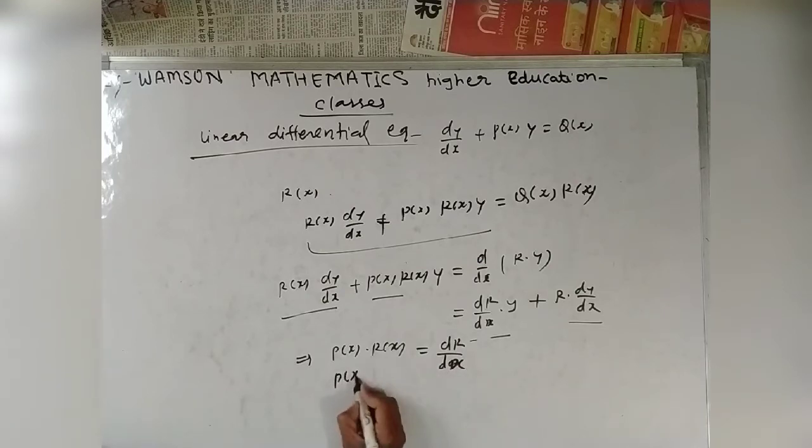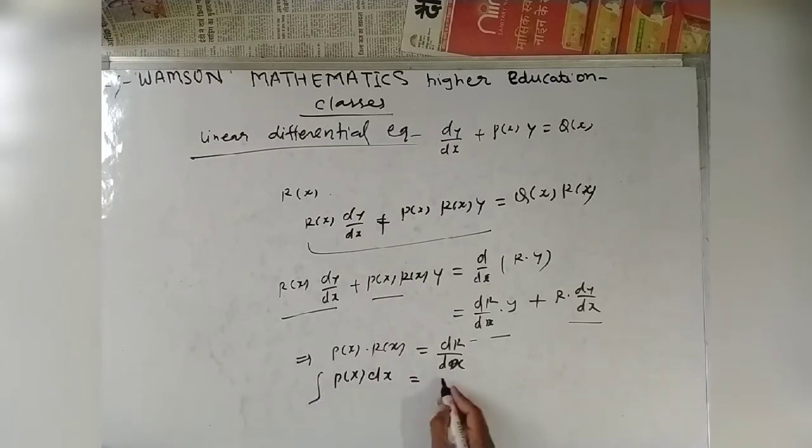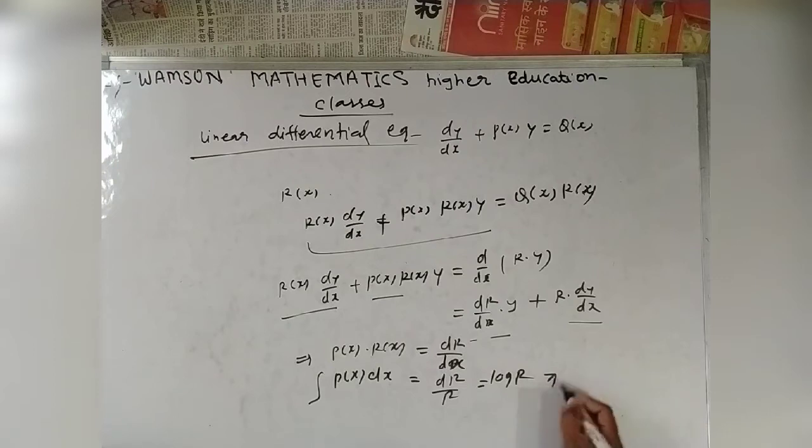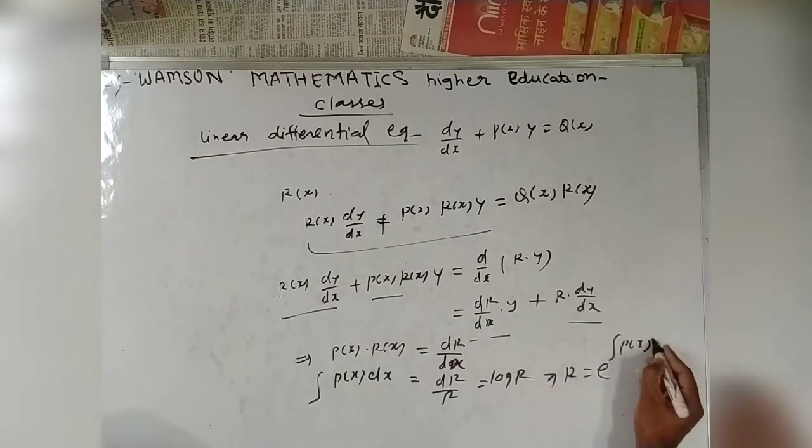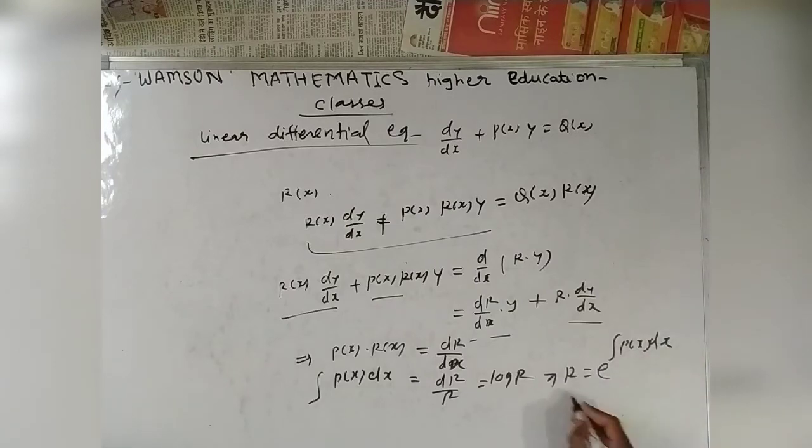Now integrating, we have p of x dx on one side, and here we can write dr by r, which is nothing but log r. So now we can find the value of r. r is nothing but e to the power integral of p of x dx.